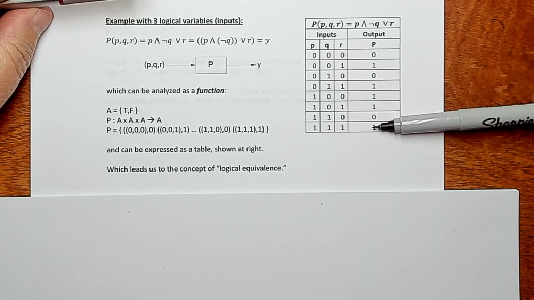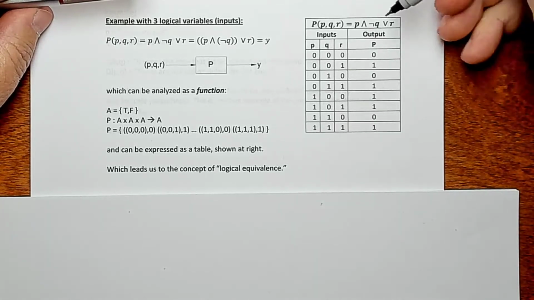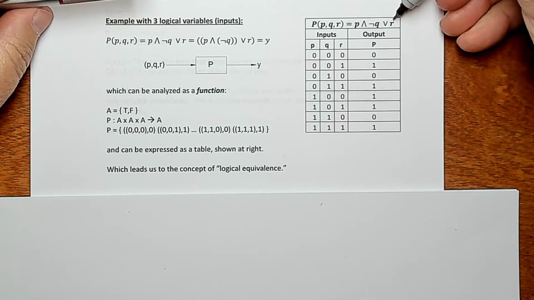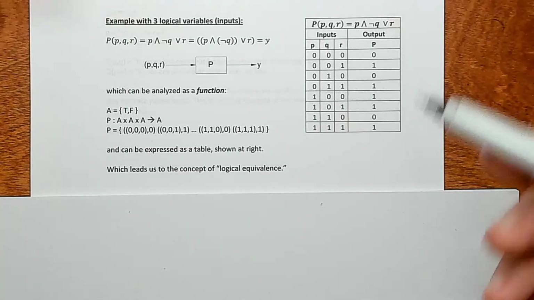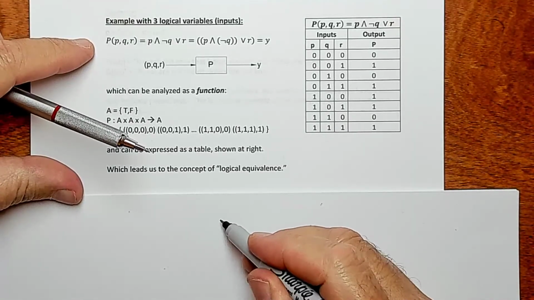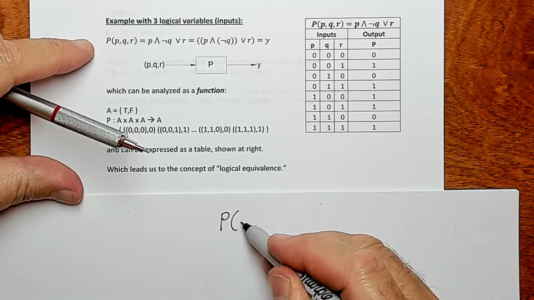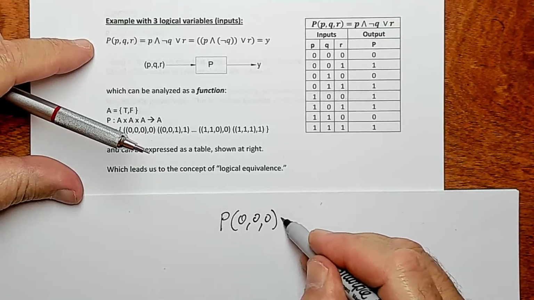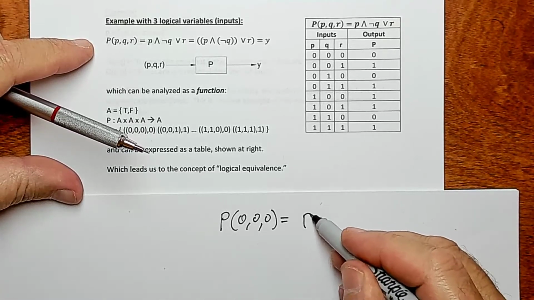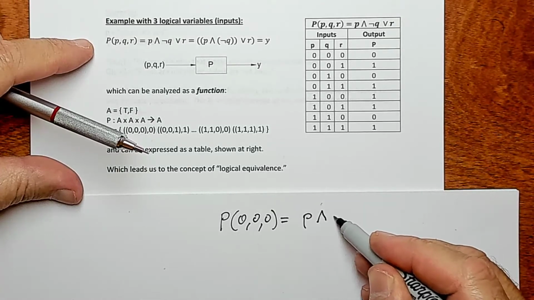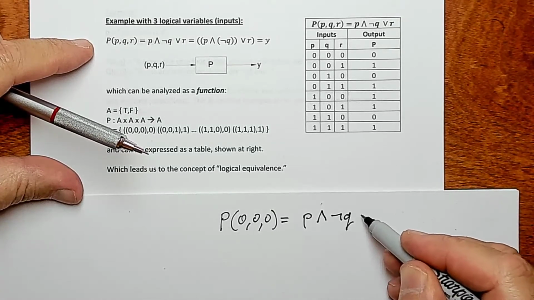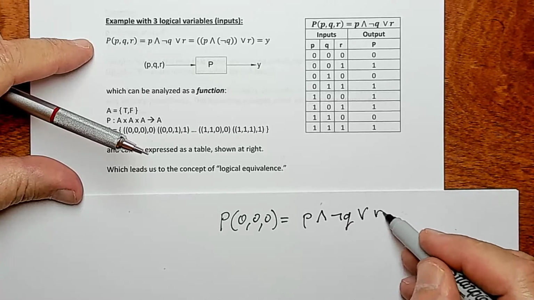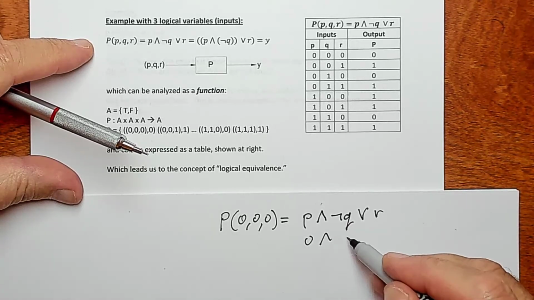Now the output, how do you generate the output? Well, you just plug in each of these input values and work it out. So for example, capital P of 0, 0, 0 is going to be, well, let me write the whole expression out. It's P and not Q or R. So you put in the zeros in there.